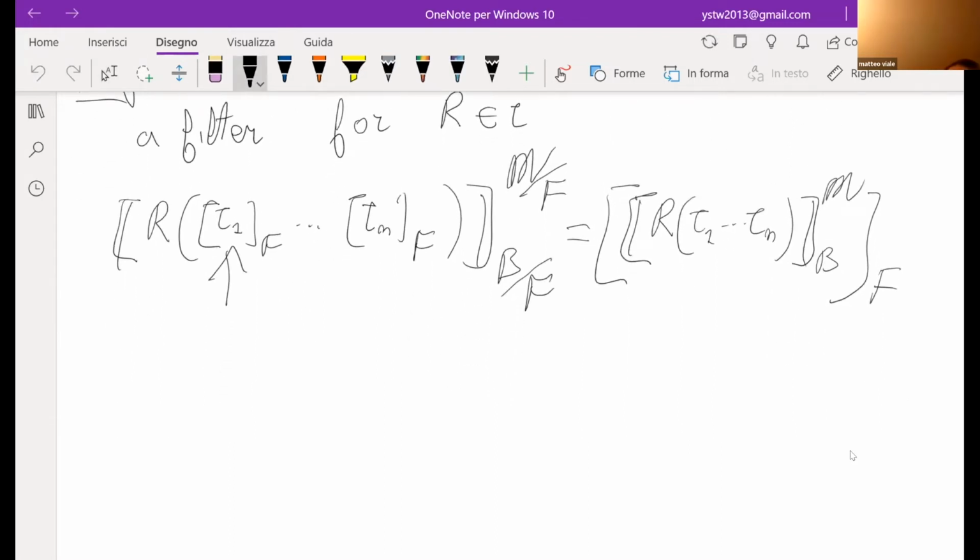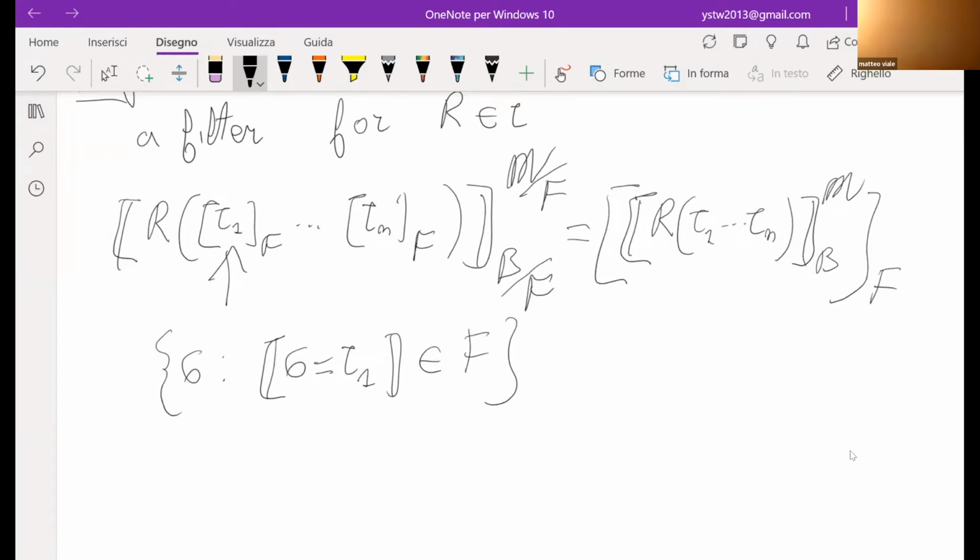And what I put here is sigma such that the value of sigma equal to tau 1 belongs to F.